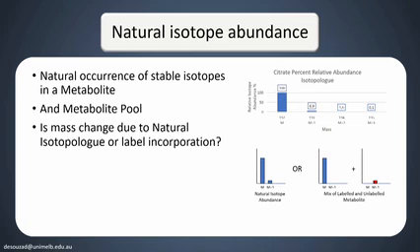And so to do that, we then need to correct for these abundances and subtract them from those mass isotopologs. So having gone through and done that step, you will then be able to actually have a correction where you've corrected now to what is the actual carbon-12, or whether it's +1, +2, +3 carbon-13 incorporation.